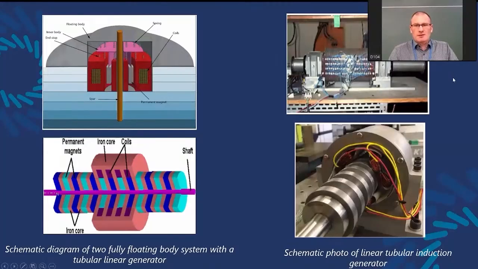So in this case, linear generators, let's say for tidal use, work with the effects of moving waves, and here is some stationary part and a rotor, which just goes in a linear direction and produces electricity.